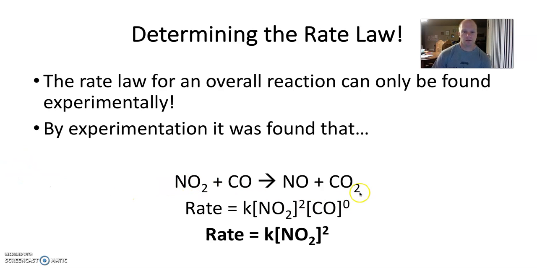For this reaction, we found by experimentation that when we doubled the concentration of NO2, we quadrupled the rate of reaction. So that's second order. However, no matter what we did to the concentration of carbon monoxide, it didn't affect the rate of the reaction. So our rate ends up being this here, because if it's zero order, anything to the zero power is 1, so that's not going to affect the rate at all.